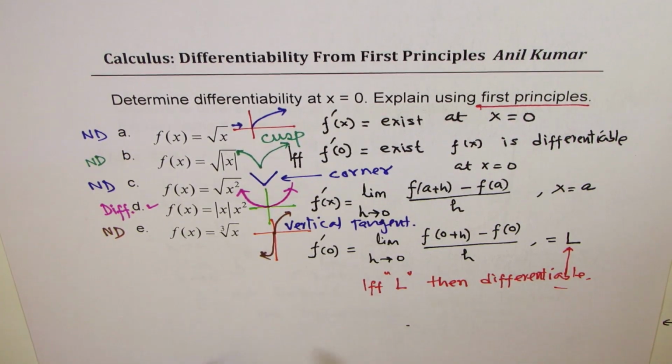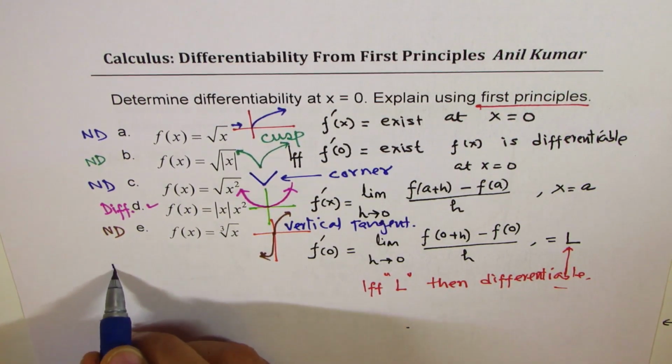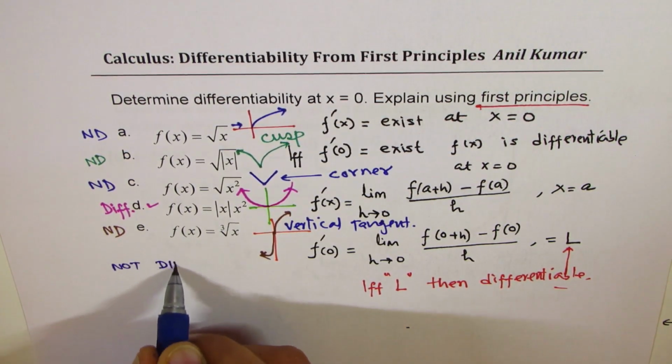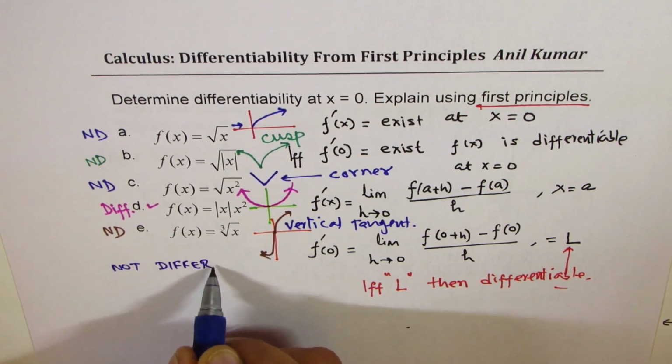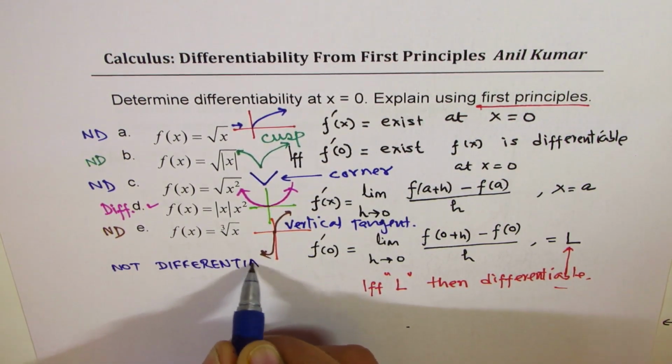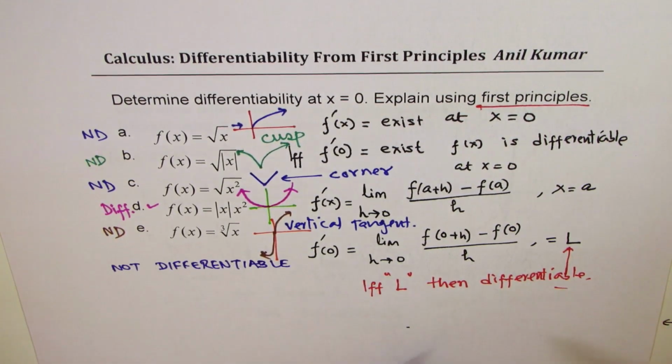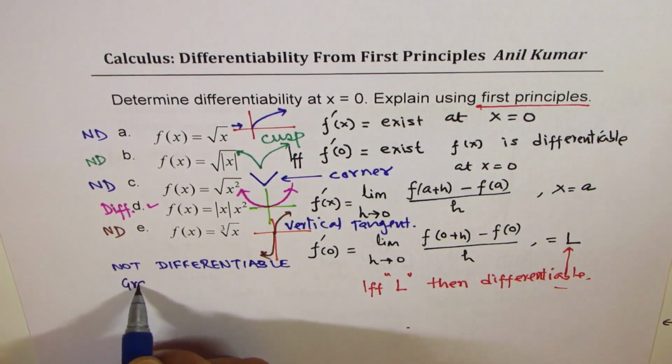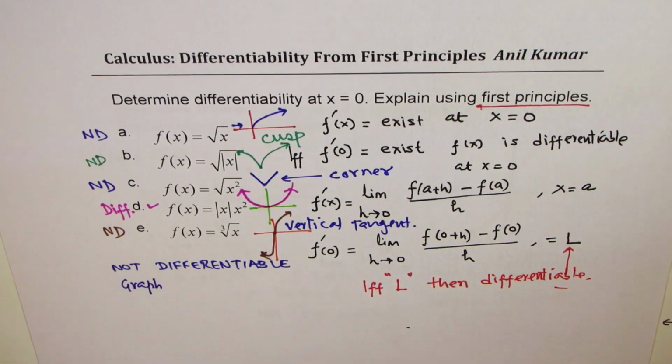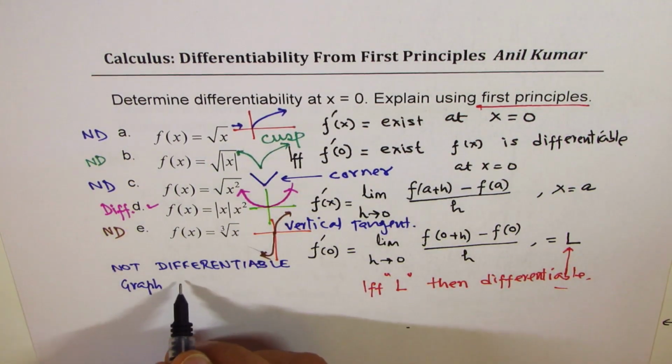Perfect. So what you observe here is that functions that are not differentiable, you can also get from the graph. So the different conditions which we saw is at the boundary, right?